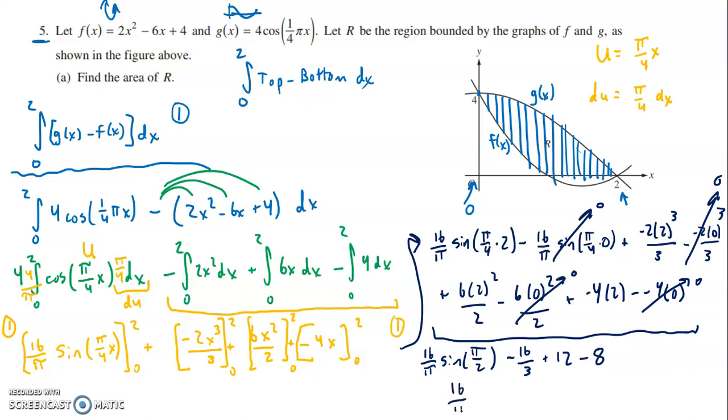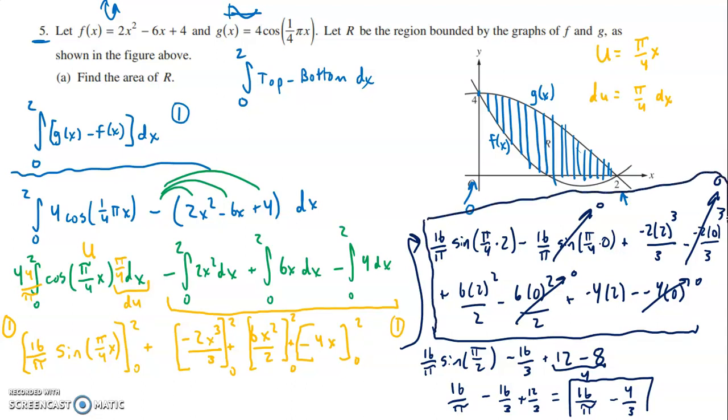So we've got 16 over pi minus 16 thirds. Together that's 4, and I'm going to make that into 12 thirds. So the negative 16 thirds and the 12 thirds would be negative 4 thirds. So my final simplified answer is 16 over pi minus 4/3. But again, I don't have to simplify. I can stop at this step and I would get 4 out of 4.